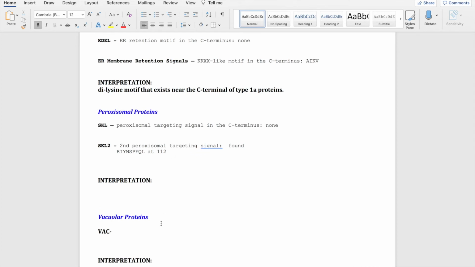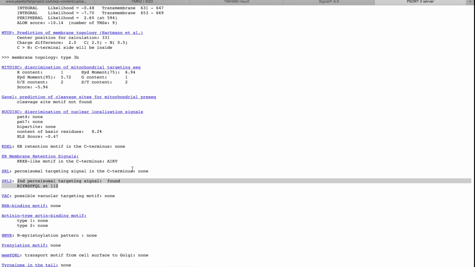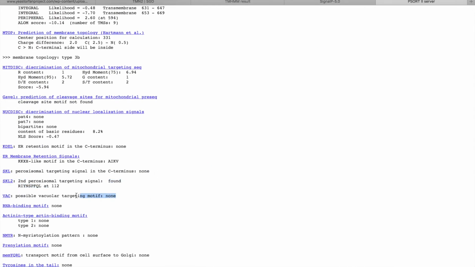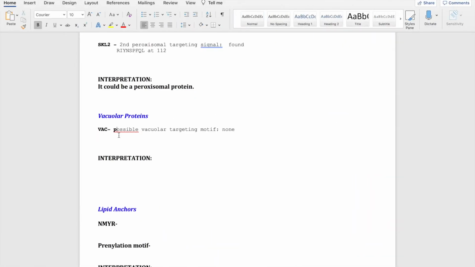So I'm going to say it potentially could be a peroxisomal protein just because we found something for SKL2, but I'm not very certain or feel very strongly that it could be. So for VAC, the possible vacuolar targeting motif is none. So I'm going to interpret that as it's not a vacuolar protein.